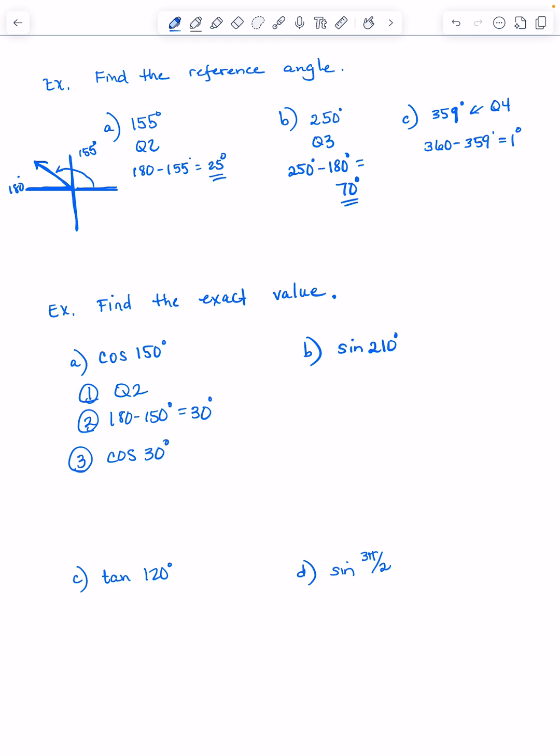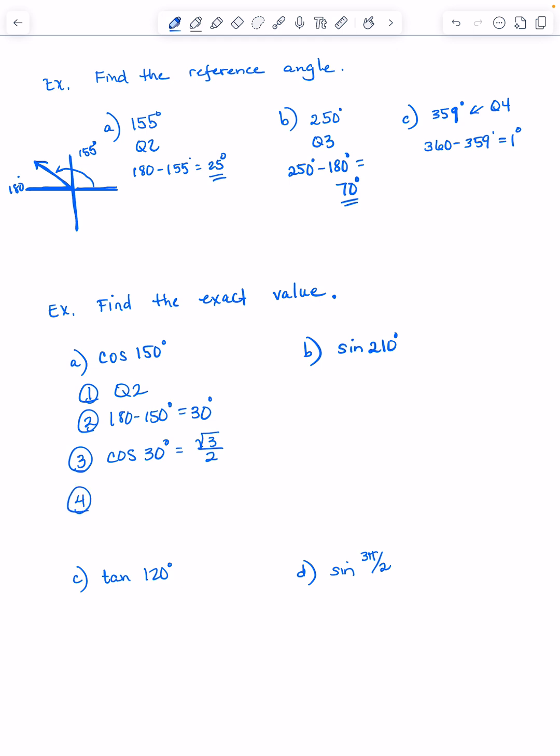All right, so we know the exact value of the cosine of 30 degrees is the square root of 3 over 2. Those values are coming from either the unit circle or the chart. All right, so you've got to know the 30, 45, 60. We know that the cosine of 30 degrees is the square root of 3 over 2. And the last thing I have to do is determine whether the sign is positive or negative.